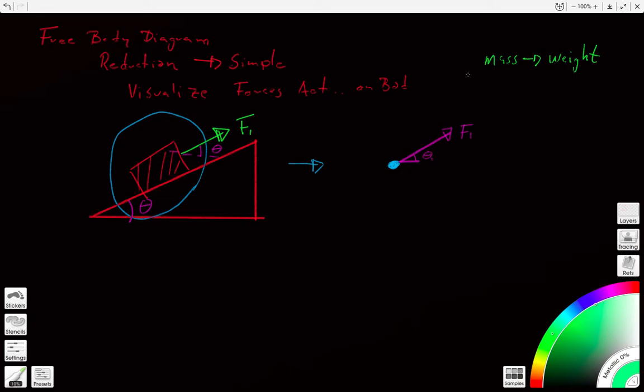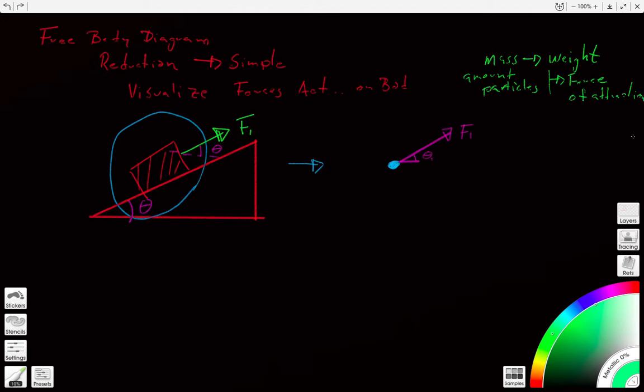Mass is the amount of particles that any given thing has, a quantity of how many particles that thing has, and weight is a force of attraction. Remember that we saw this with Newton's gravitational equation.